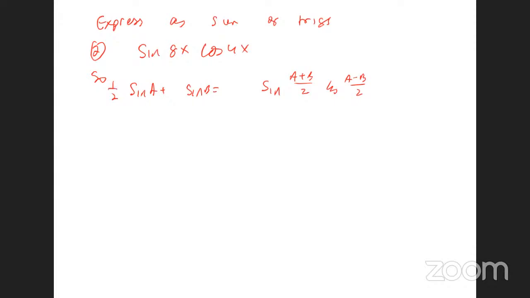So it means that 8x has to be equal to this. A plus B on 2 is 8x, so A plus B is 16x. And then A minus B on 2 is 4x, so A minus B is 8x. So I have equation 1 and equation 2.